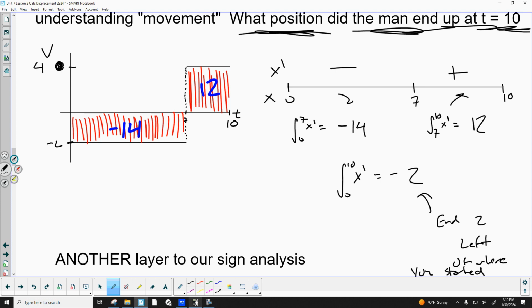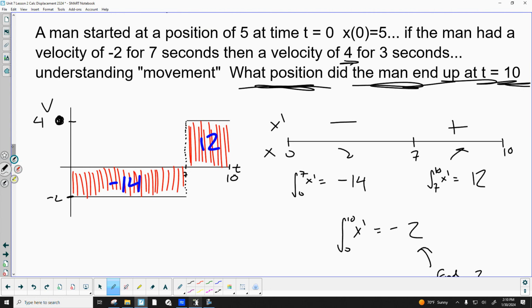Your derivative accumulated only tells you how much you go down. It only tells you how much you go up. What is missing is something that's known, whether it's an equation or if we look back up in the problem, oh, I have an initial position. Oh, I start at 5.